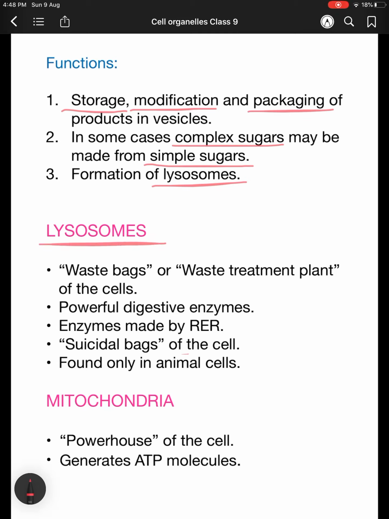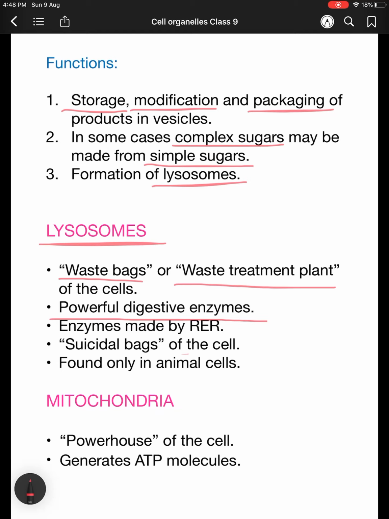They are known as the waste bags or waste treatment plant of the cell because they help to keep the cell clean by digesting any foreign material as well as worn out cell organelles. It is possible because they contain powerful digestive enzymes capable of breaking down all organic material.